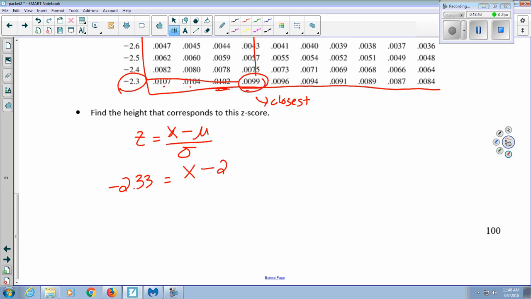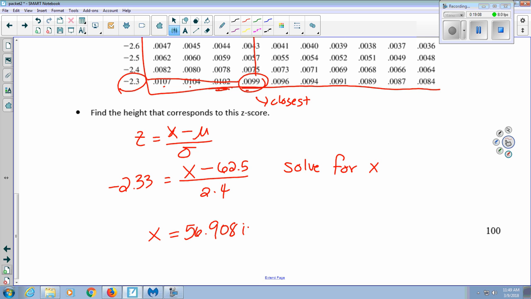We know our mean is 62.5, and our standard deviation is 2.4. So now we have all the pieces except for the height, so we can solve for x by multiplying both sides by the standard deviation, and then adding the mean to both sides. That would give us 56.908 inches.